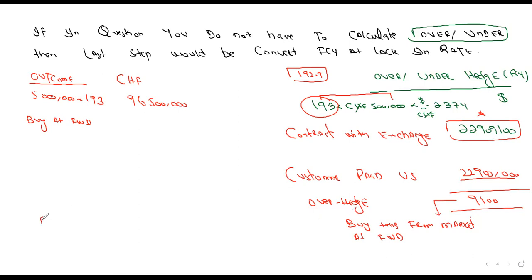What was the forward rate available? Tell me. 0.2374, and the other rate? No, sir, 2370 and 2374. One is 0.2374 and one is 0.2370. It's okay, it doesn't matter. Now, this was in dollar over CHF.